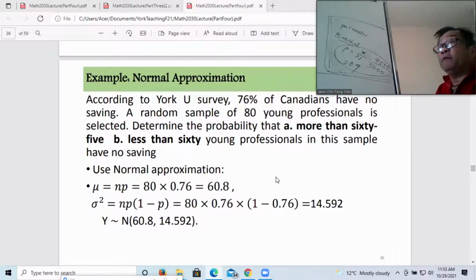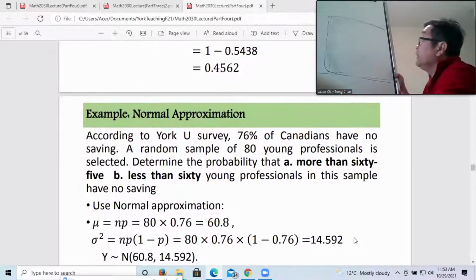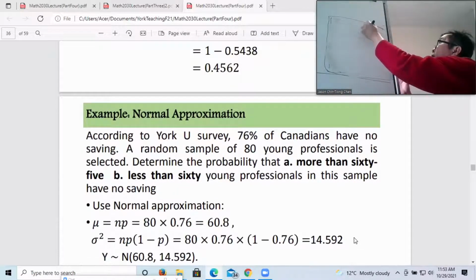If the mean is changing, what happens to the shape? If the standard deviation is changing, what happens to the shape? So what do you think? Say mu is the same: mu1 is 7, standard deviation is 10.